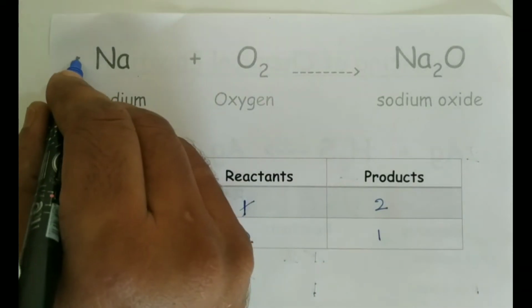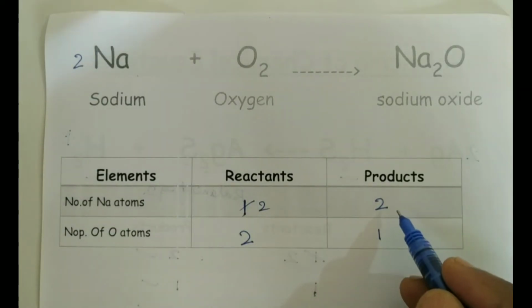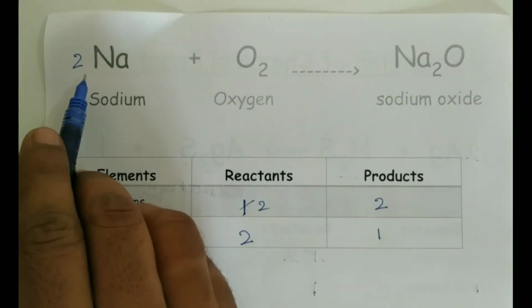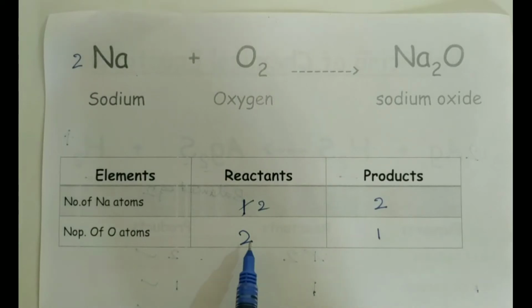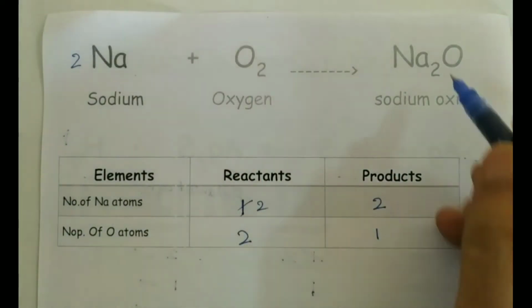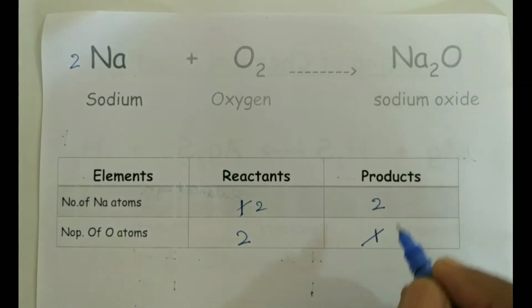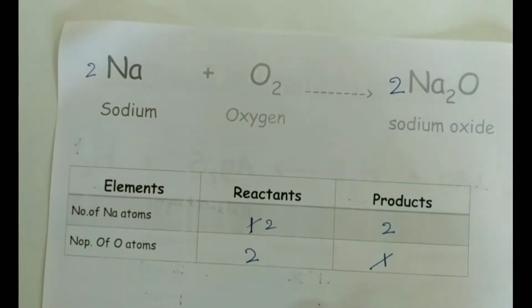I will write here 2 and I will write 2, right? Now both sides are balanced. And when I write 2 here, the sodium is balanced. Now oxygen, see the number of oxygen atoms at LHS is 2, whereas at RHS it is 1. To make it 2, I have to multiply by 2.